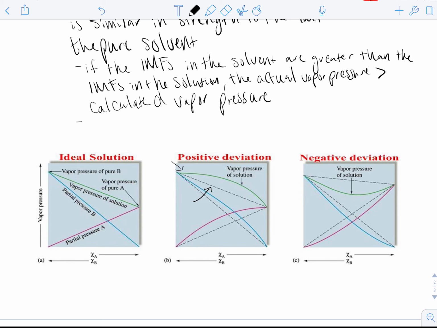Similarly, if we have intermolecular forces that are greater in the solution than in the solvent, then we're actually going to have a negative deviation, where we have the actual vapor pressure being less than the calculated vapor pressure.